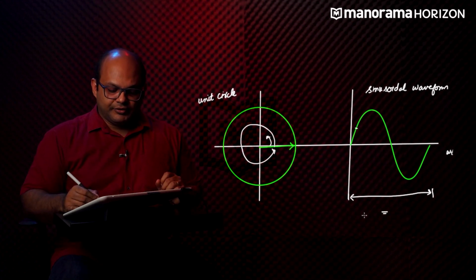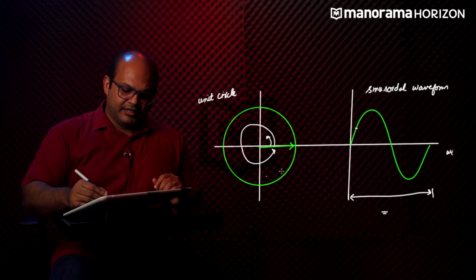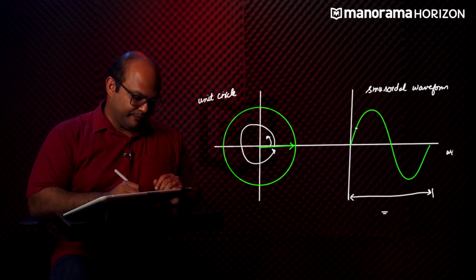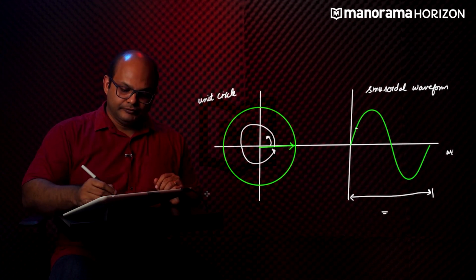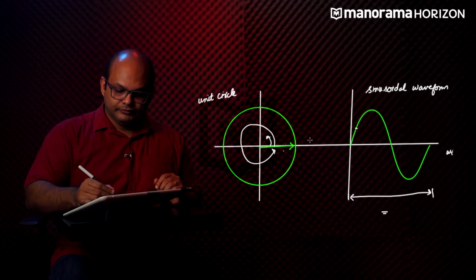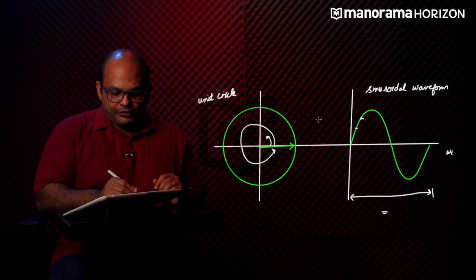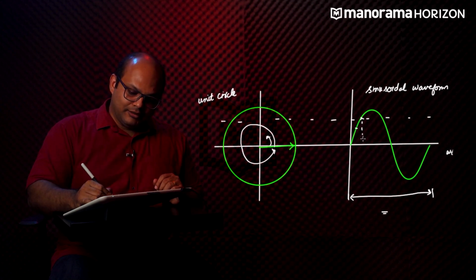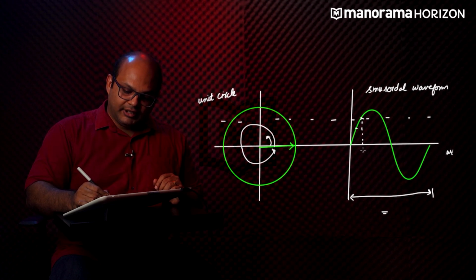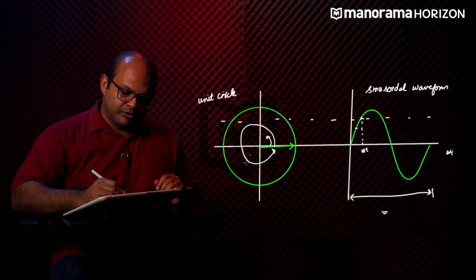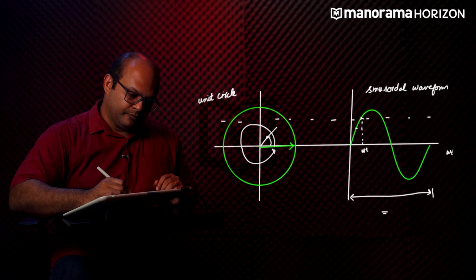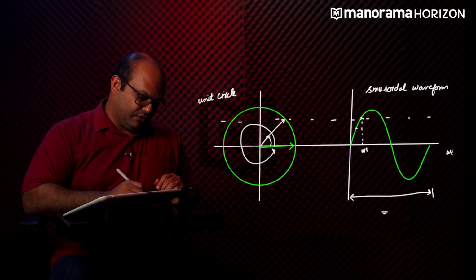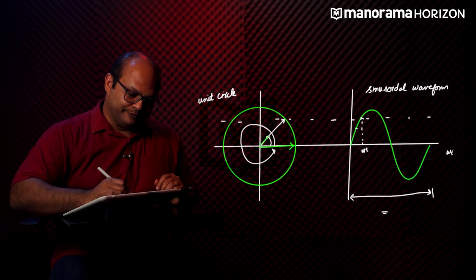What else does this tell us? We can pick up any random point here. Let's pick this. This point on the graph corresponds to a rotation of the voltage phasor.